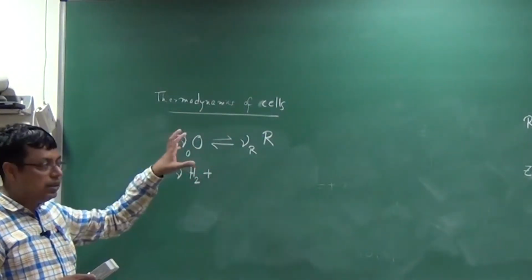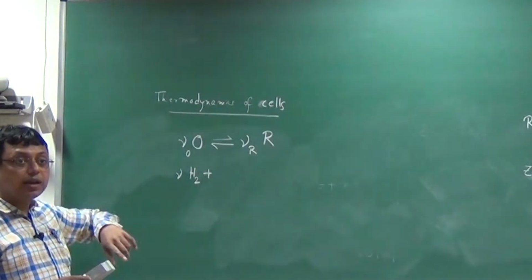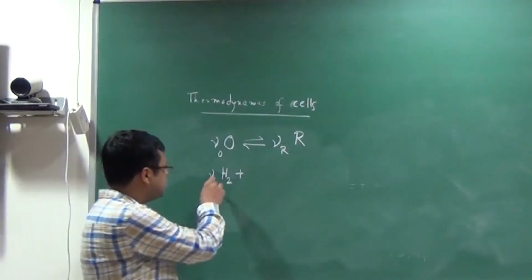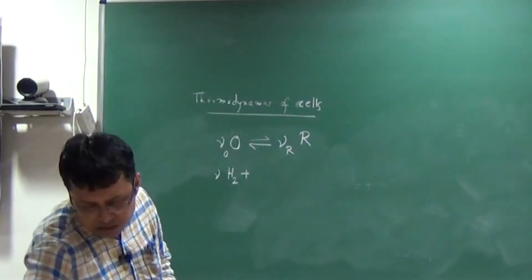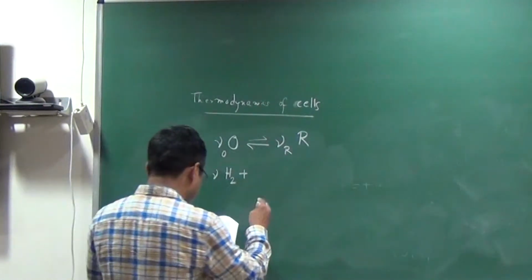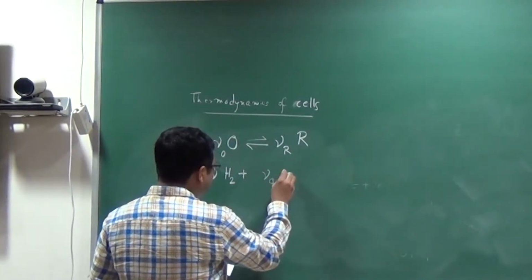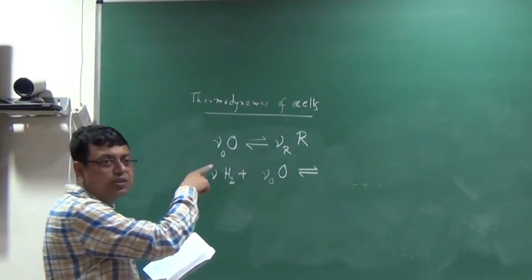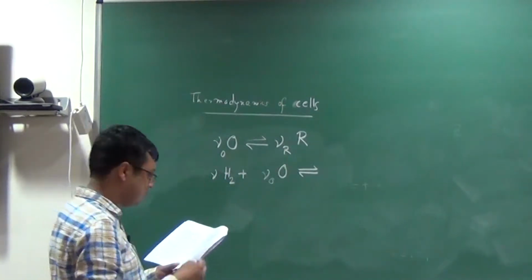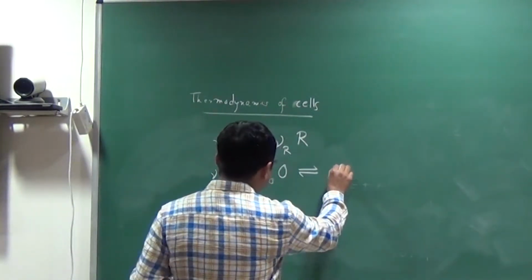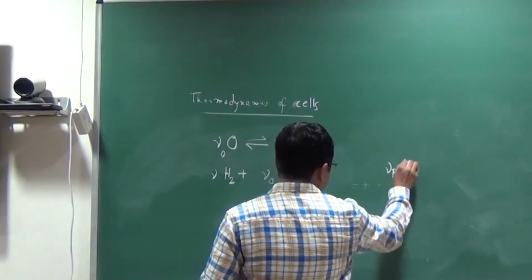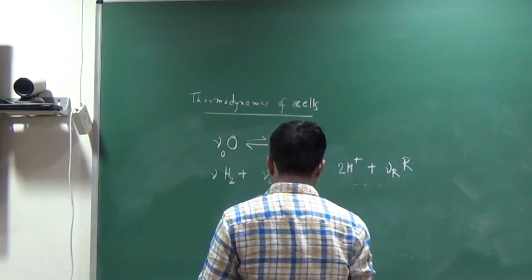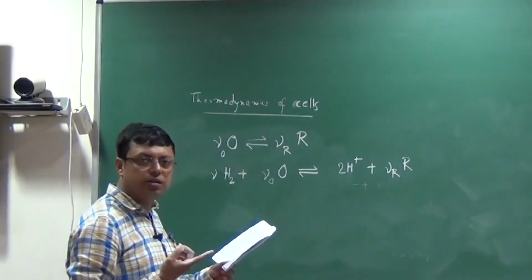Now this is coupled with which reaction? The standard hydrogen reaction, right? So basically I have say nu H2. I'll just use the same notation, and I have nu oxidant. This is basically the oxidized species, and then of course I'll have the reduced species. And what happens to this? I'll basically have 2H plus for each of the reaction.